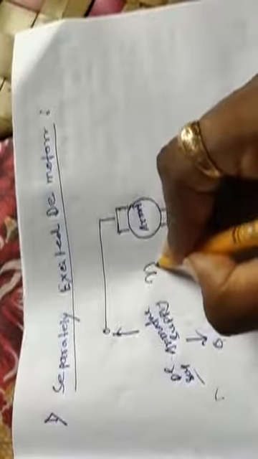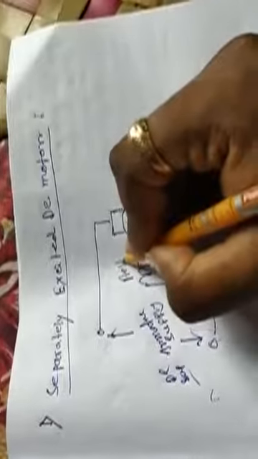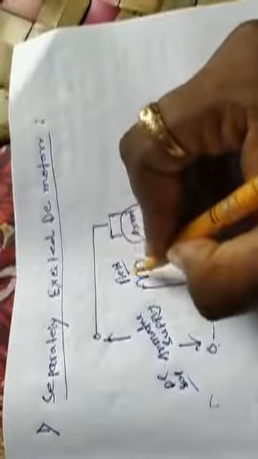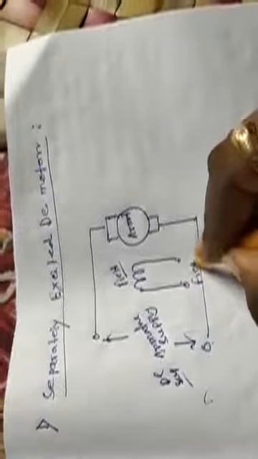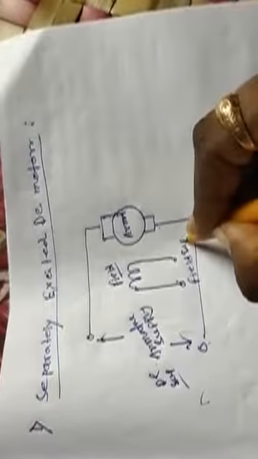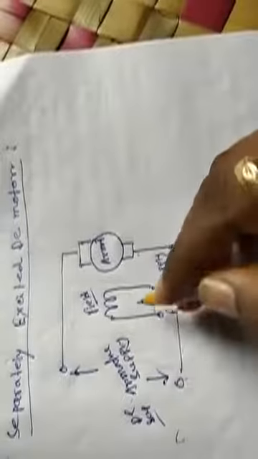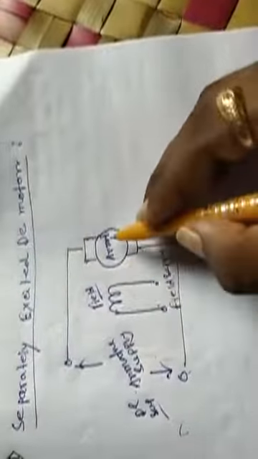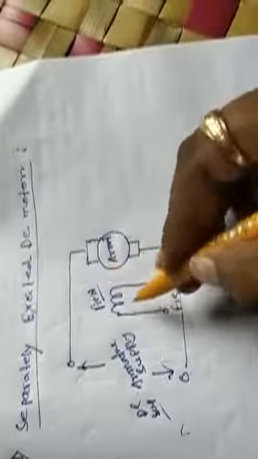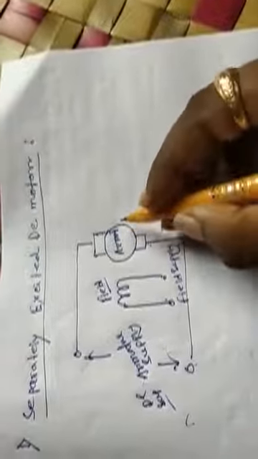This is the field winding. This is the field supply. Here there are two windings: field winding and armature winding. The field winding is separately supplied by the field supply, and the armature is separately supplied by the armature supply.